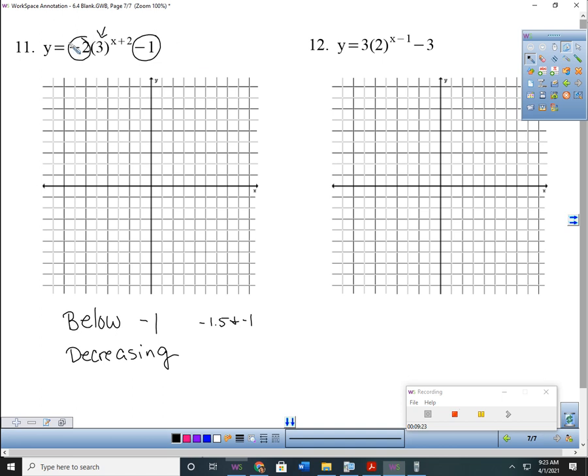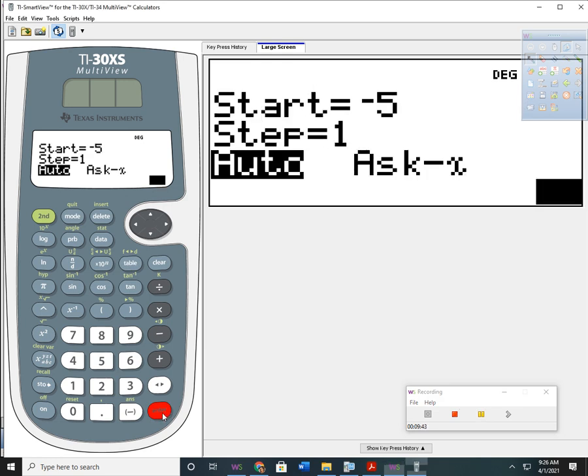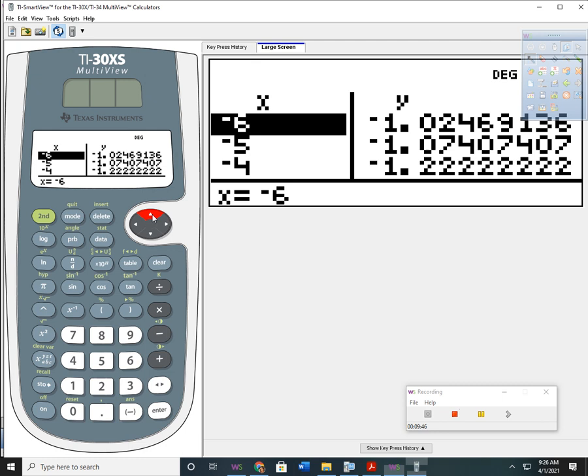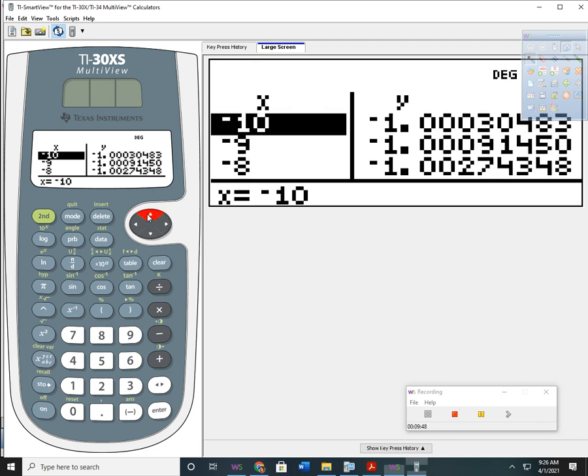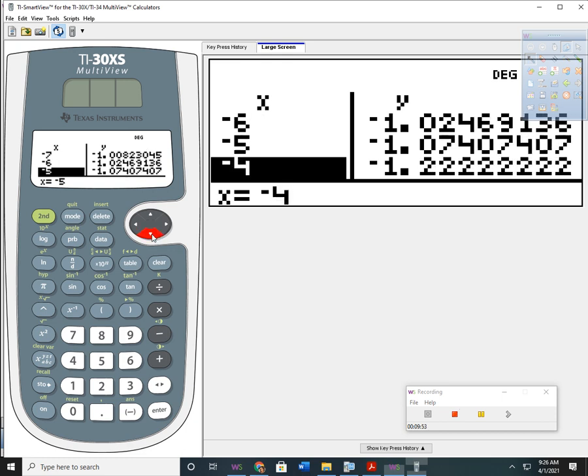So make sure that in your mind you know what number you're trying to go for. So we're going to use our table feature, plug this in, and get those numbers for our table. So to avoid those fractions in your table, if you put in the 3.0, it will give you decimals as opposed to fractions. So just change the base of your exponent if it's a whole number and put a 0.0 at the end.